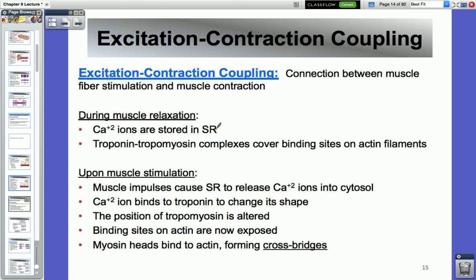And when I say muscle contracts, remember we have this actin strand, and we have this thick myosin strand. And the myosin strand has these myosin heads on them that want to attach to actin.